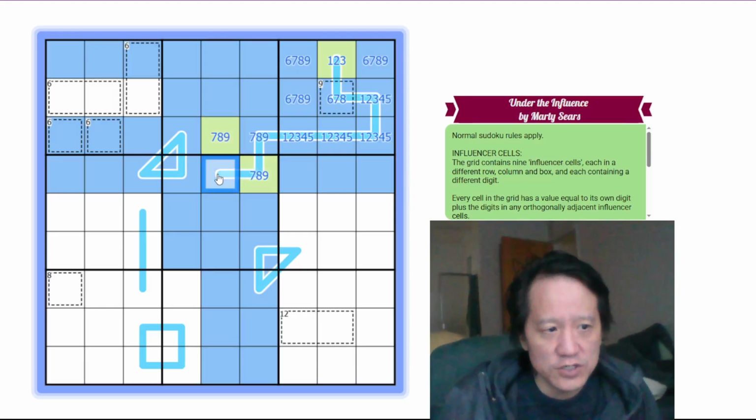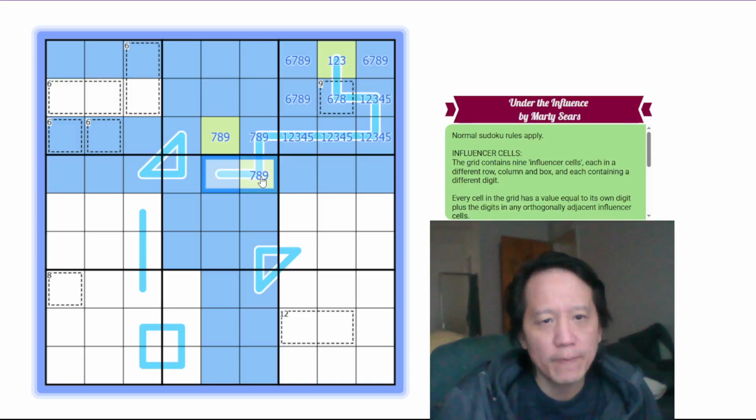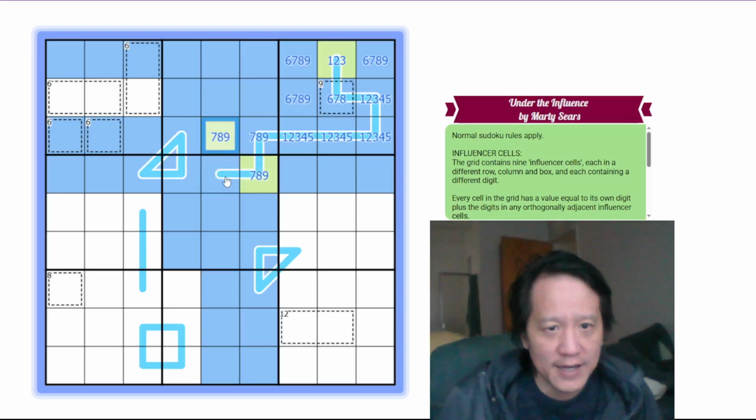So this digit plus this digit equals that digit, right? So the sum of this line is basically these 3 digits. The sum of this cell here is the sum of these 3 digits. The sum of this line is essentially this digit twice, because this digit has that as its sum, and that added to its sum.